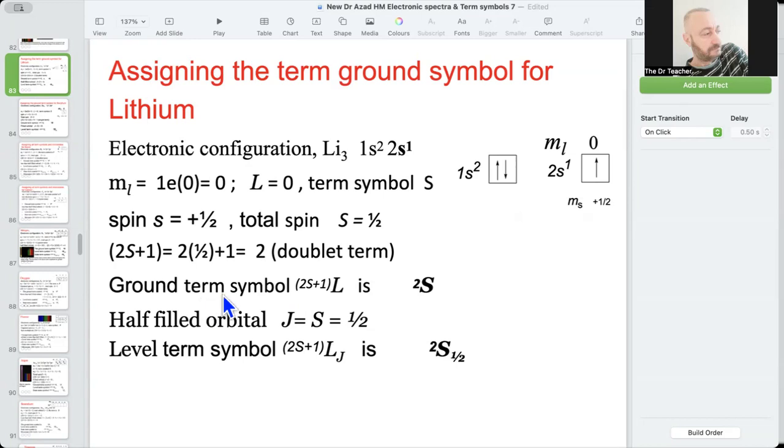Now if we go with the level term symbol, which is L subscript J, 2S plus 1. The J is, when it is half filled or filled, J equals S. What is the value of S? A half. So now we just replace J by a half. So the level term symbol will be S2 half.